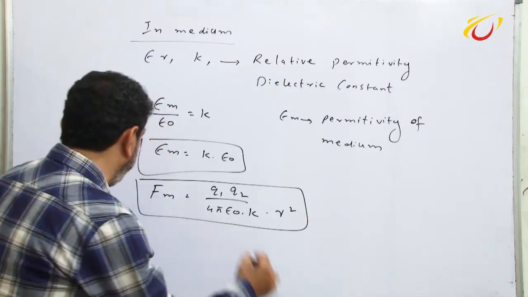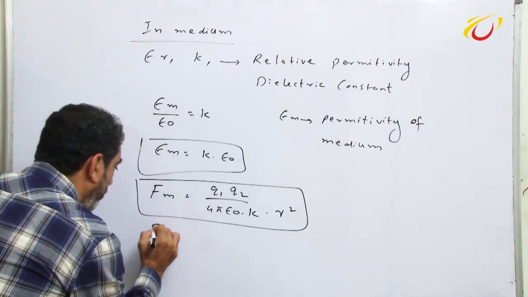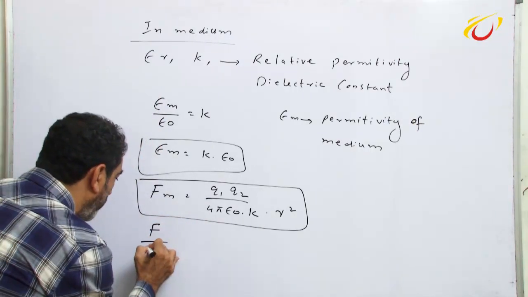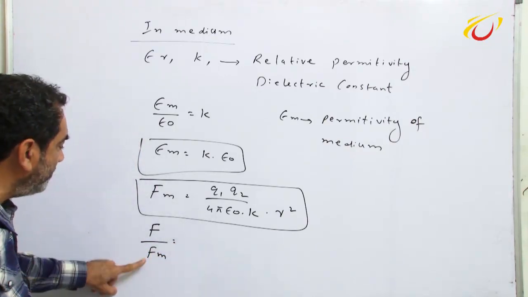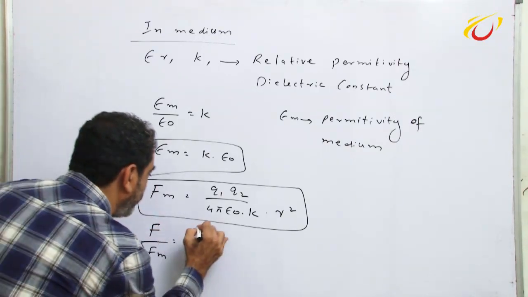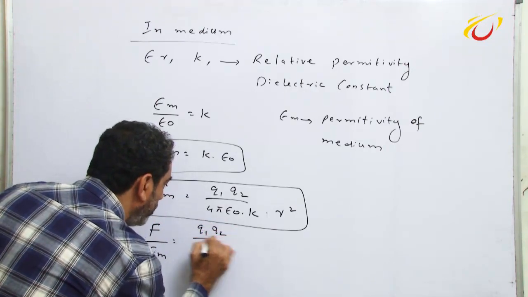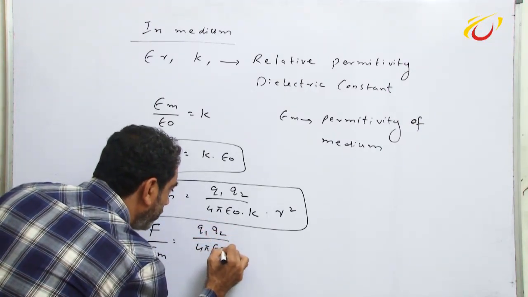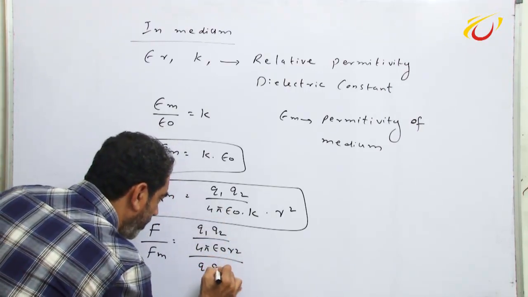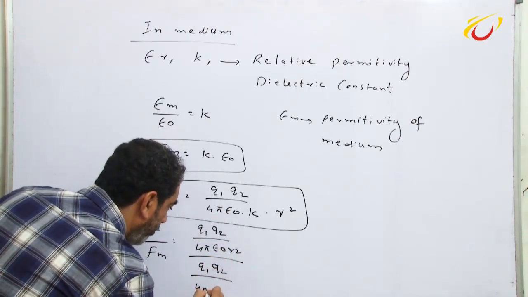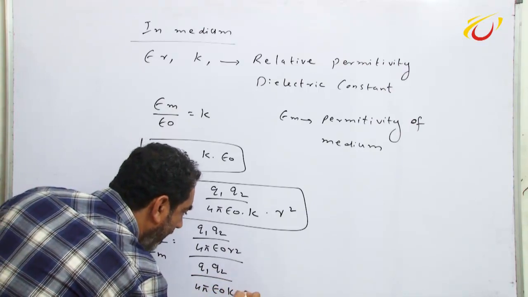Now you say force in free space over force in medium. In free space you say, sir, q1 q2 over 4 pi epsilon r square. For medium you say q1 q2 over 4 pi epsilon k r square.